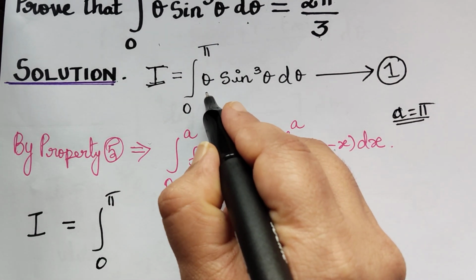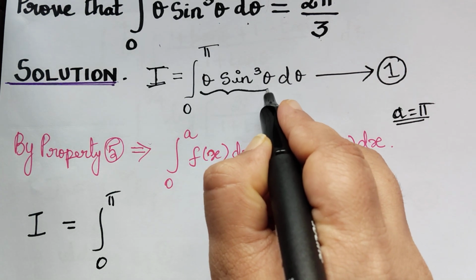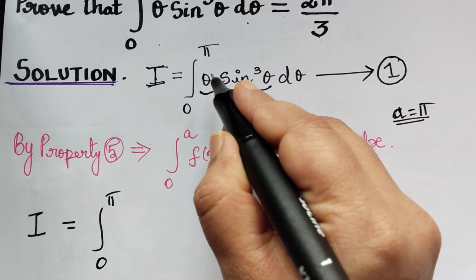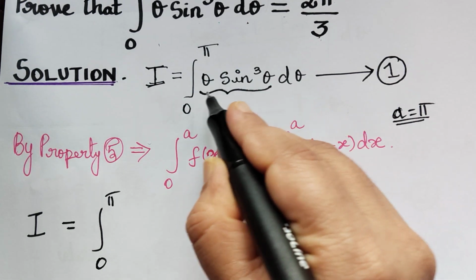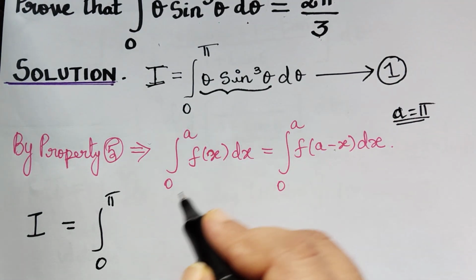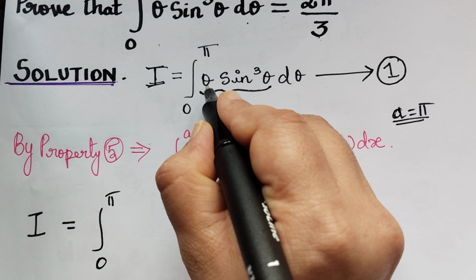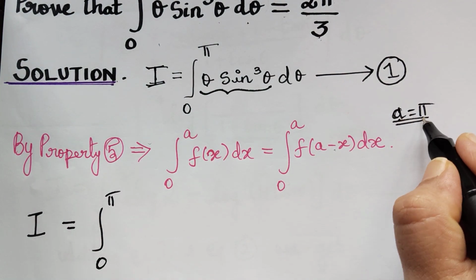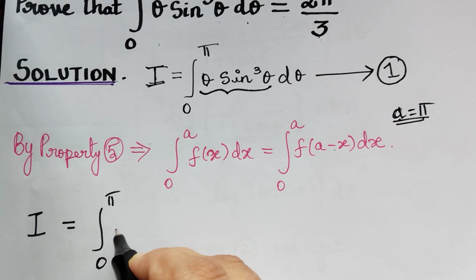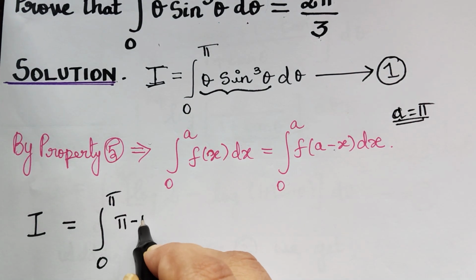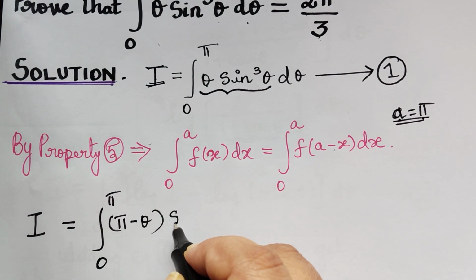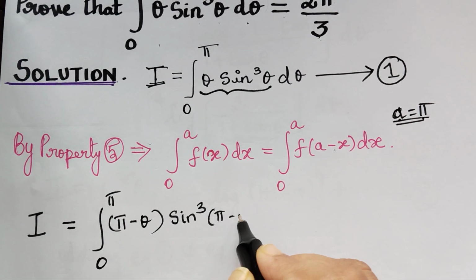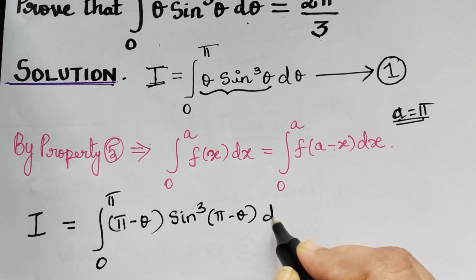Now f of pi minus x, this is f of theta. Here we have to write pi minus theta because the variable here is theta. So at the place of theta we have to replace by a minus theta. What is a? a is pi. So at the place of theta we replace by pi minus theta, sine cube, here also pi minus theta, then d theta.